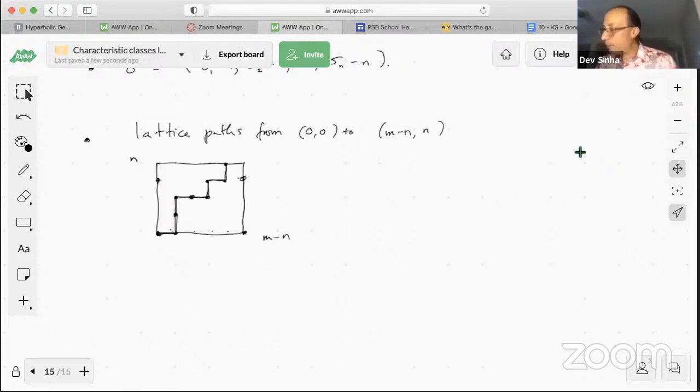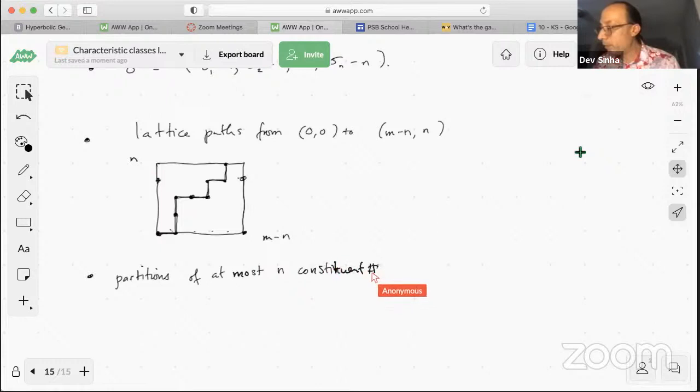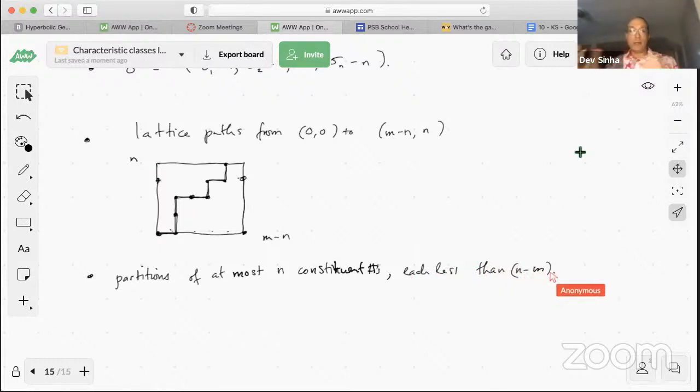And these correspond naturally to partitions of at most n constituent numbers, each of which is less than m minus n. And by the way, I can switch the roles there, and obviously that would correspond to a transposition.